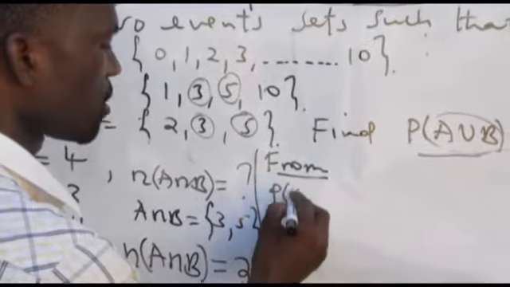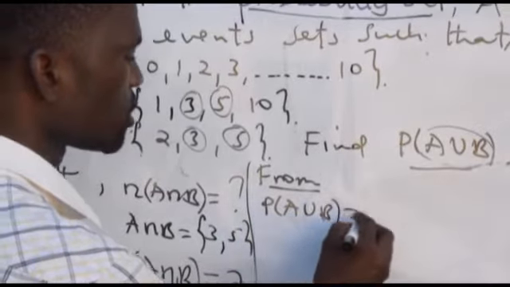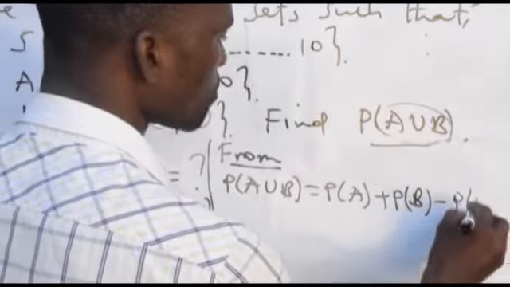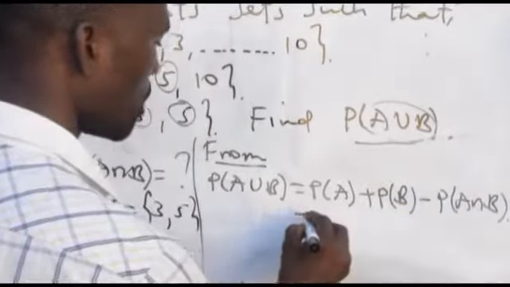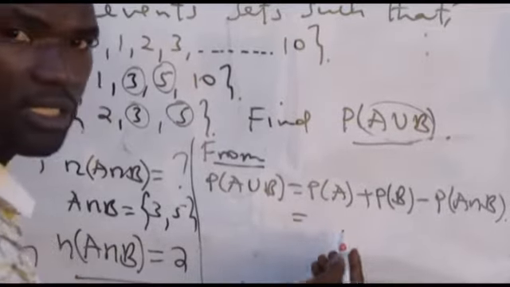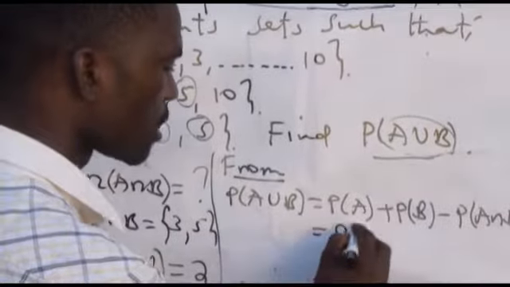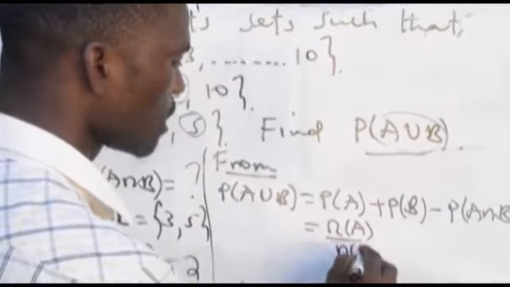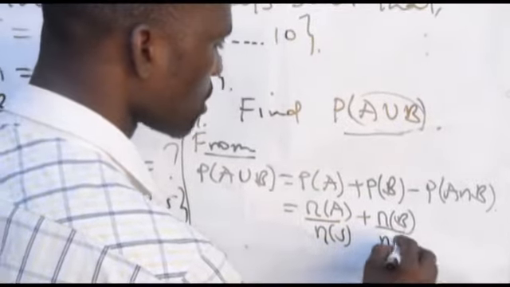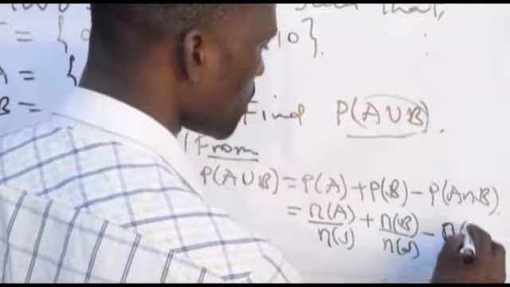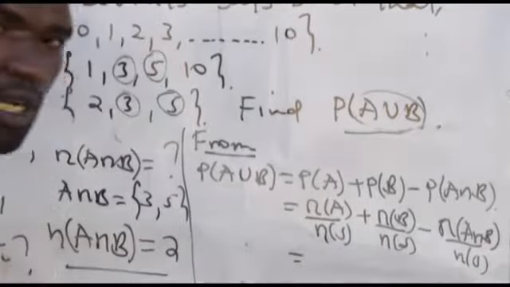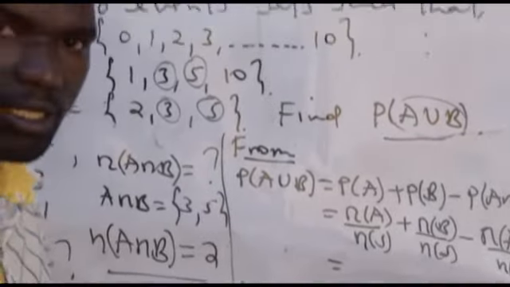From this formula, probability of A union B is equal to probability of A plus probability of B minus probability of A intersection B. If you break down these probabilities into ratios, it is the number of A per number of S, plus the number of B per number of S, minus the number of A intersection B per number of S. So substitute the values, simplify, that's it.